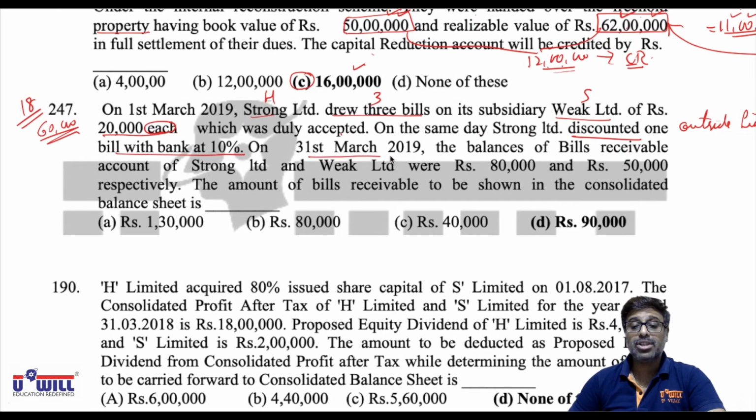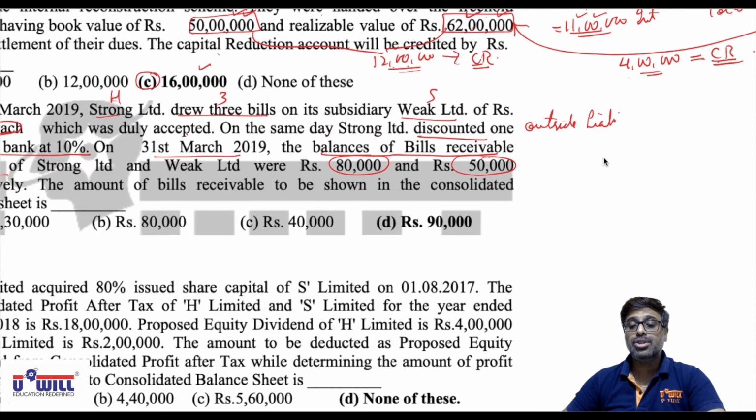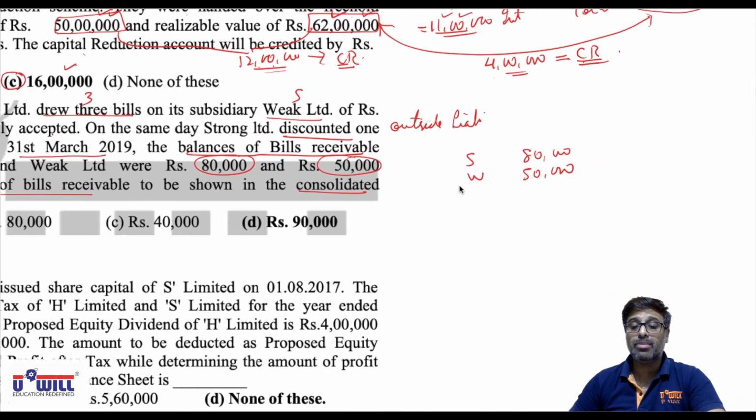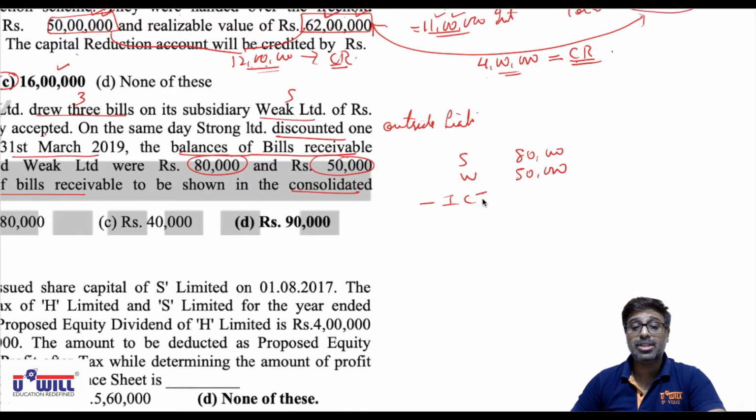On 31st March 2019, the balances of bills receivable account of Strong and Weak Limited were 80,000 and 50,000. Strong Company 80,000, Weak Company 50,000. Total bills receivable are 1,30,000. The amount of bills receivable to be shown in the consolidated balance sheet: from this we will subtract the intercompany transaction.